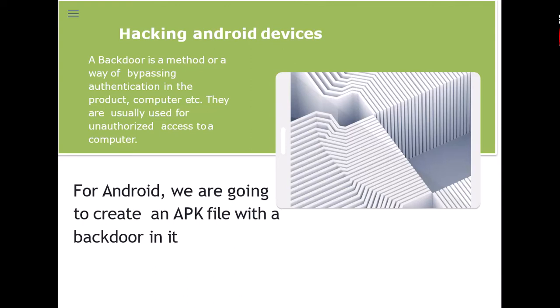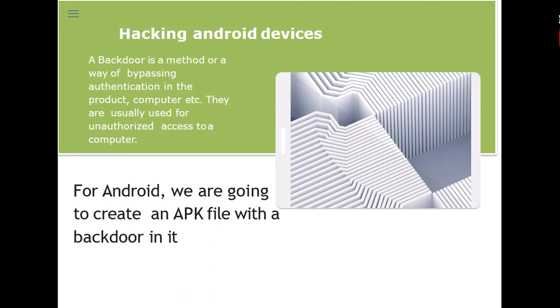It is required to make a backdoor with that file, because that backdoor opens and you can exploit that Android phone easily. A backdoor is a method of bypassing authentication in a product, computer, etc. They are usually used for unauthorized access to a computer.